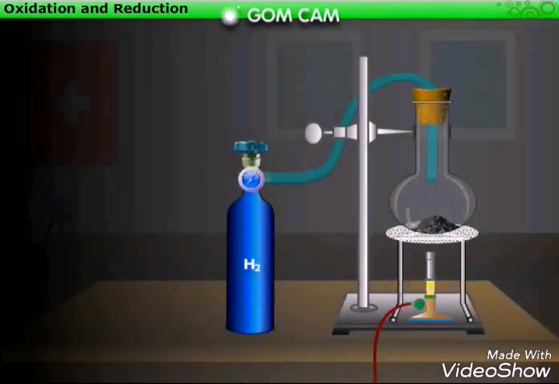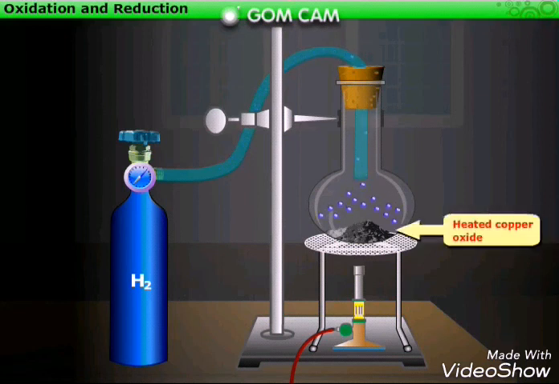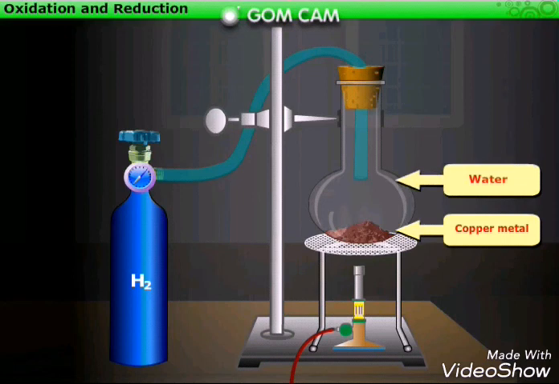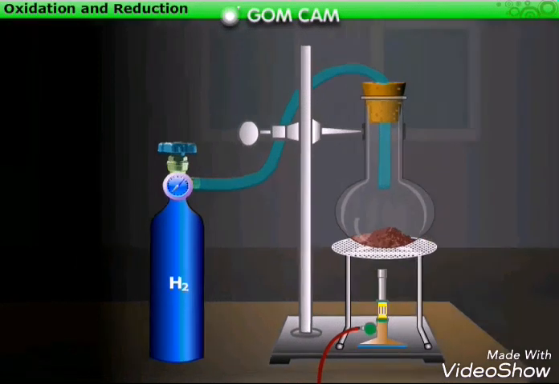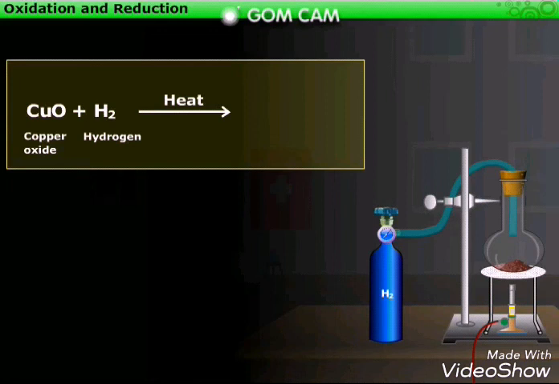Let us take an example to understand oxidation and reduction. When hydrogen gas is passed over heated copper oxide, then copper metal and water are obtained. The chemical reaction is written as copper oxide plus hydrogen, on heating, gives copper plus water.